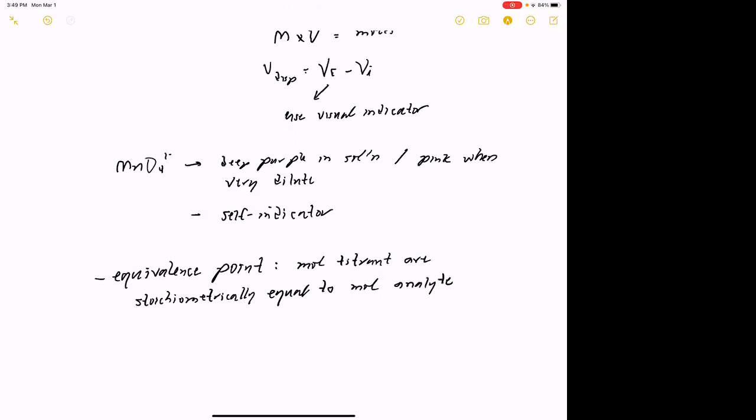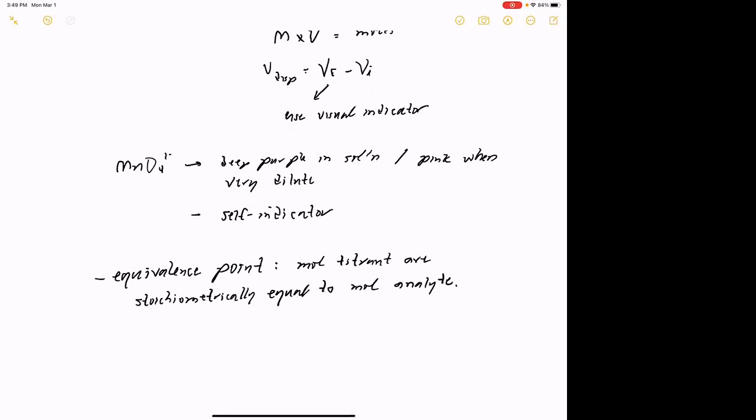Another way of saying that is I've added just enough of the titrant to totally react with all of the analyte present. So now the titrant is no longer the limiting reactant. I've added just enough that the two balance out perfectly mole to mole.